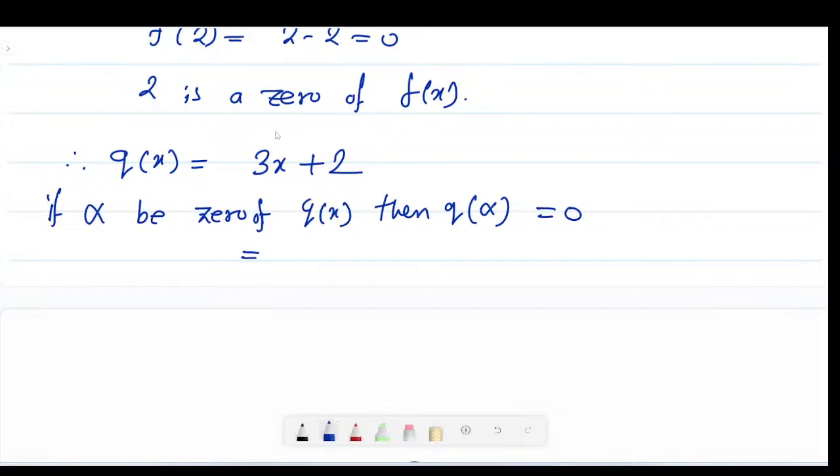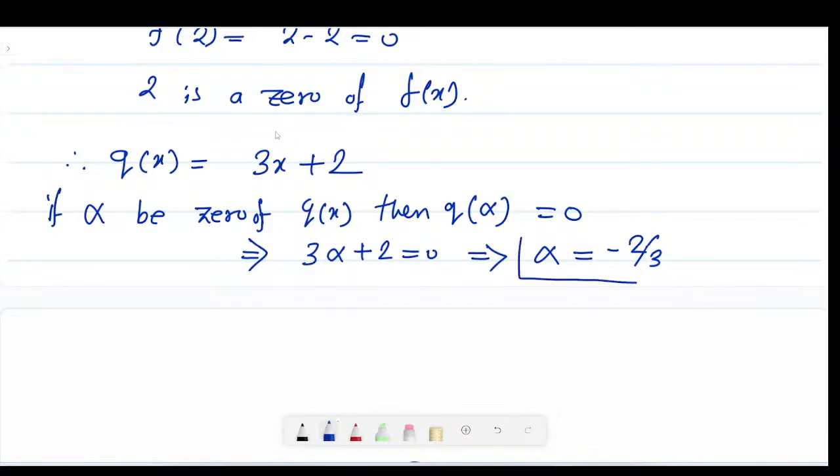So we just put the value here. q of alpha means 3 alpha plus 2 will be 0. And then we get the actual value of alpha, that will be minus 2 by 3. So minus 2 by 3 is the zero of the given polynomial q of x. Got it?